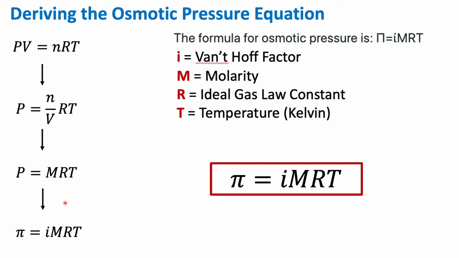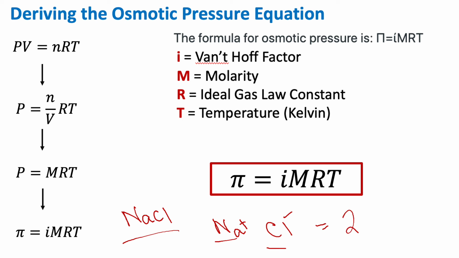Now we're going to modify this equation a little bit to make it specific for osmotic pressure, and we're going to replace that P with pi. So pi equals iMRT. That i represents the van 't Hoff factor. And we can remember the van 't Hoff factor as representing the amount of stuff that we have in solution. For example, if we have the ionic compound NaCl and it dissociates in solution into its ions, Na plus and Cl minus, we have two things.